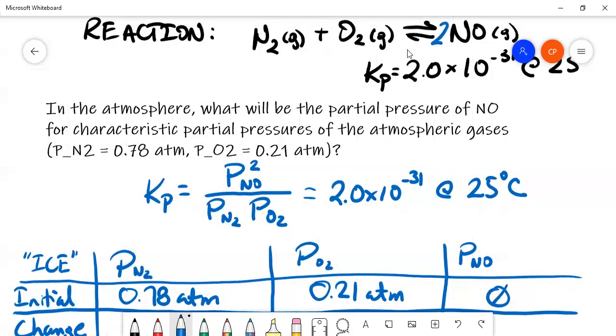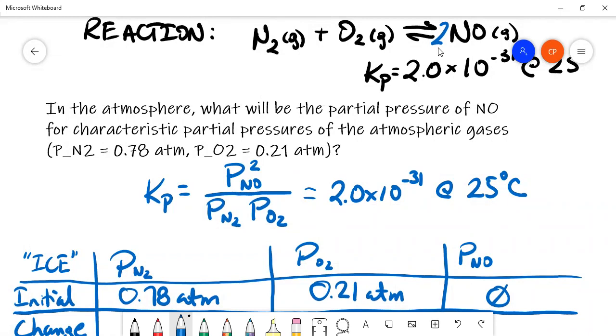Now, the change is based on the chemical equation. Okay? What am I making in this equilibrium process? I start with quantities of N2 and O2.